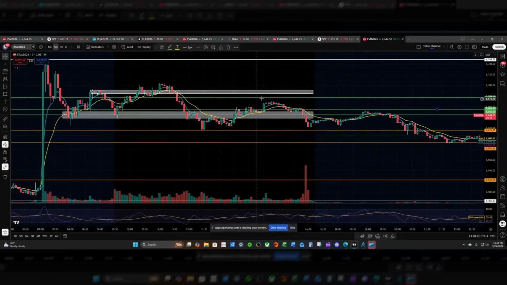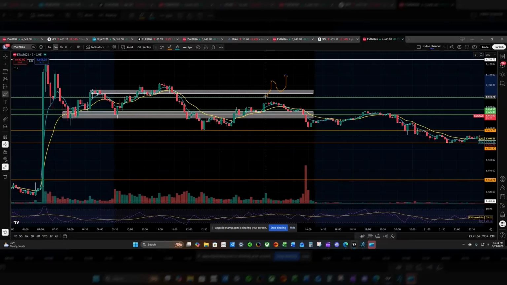And at this point, I'm done looking for longs unless we get back up above here and do something like I mentioned earlier on this potential downside short. I want to see it do something like this and then go higher for a long.